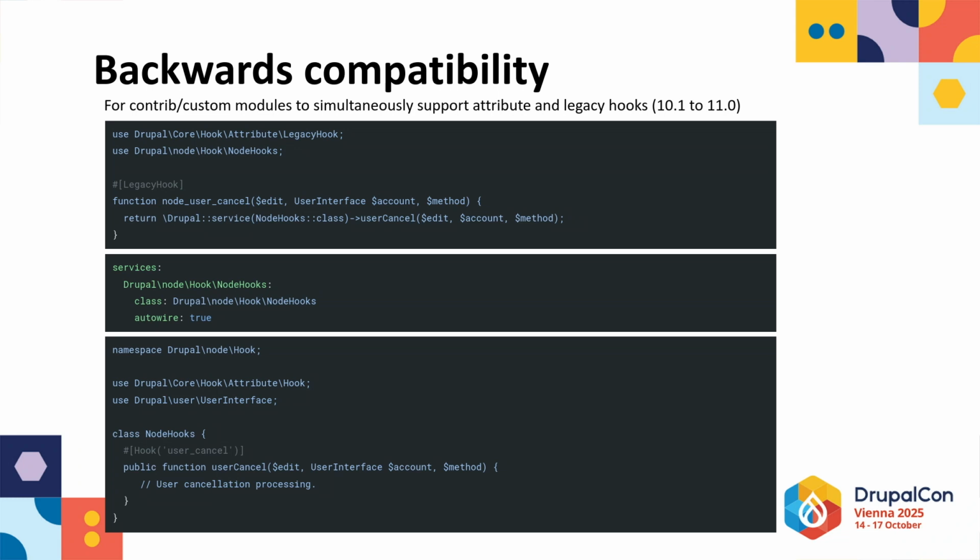So if you implement your hook, mark it with legacy hook, and then implement it as you would a new hook that we've just shown you in your services, you'll auto wire it up. Drupal will know to not run the top stuff if you have an attribute at the bottom, so you can have quite a nice transition without saying, if you're using Drupal before this, you've got to install version 2 of the module, and after this version 3.